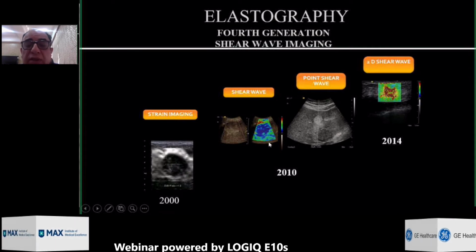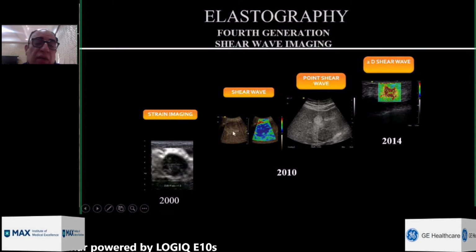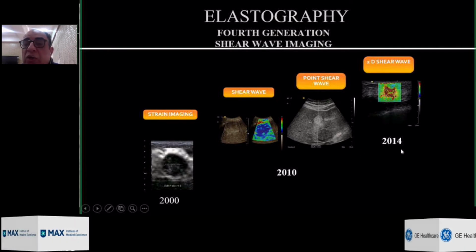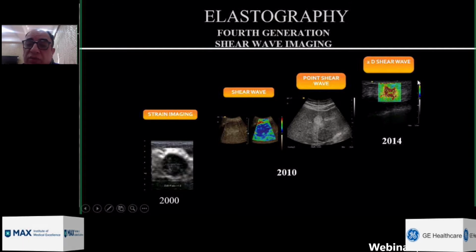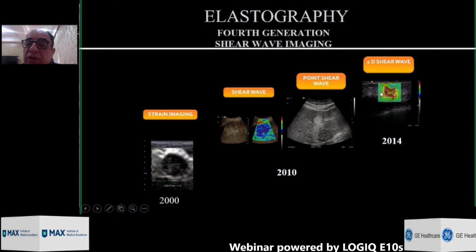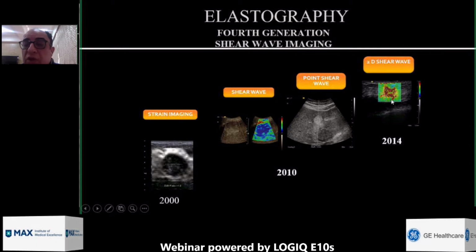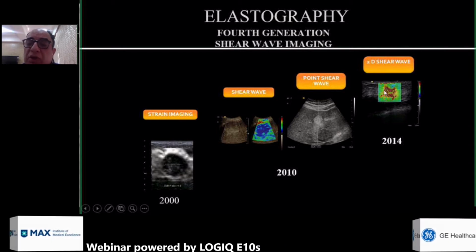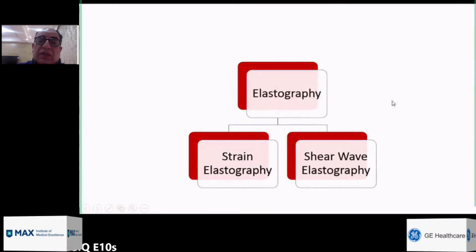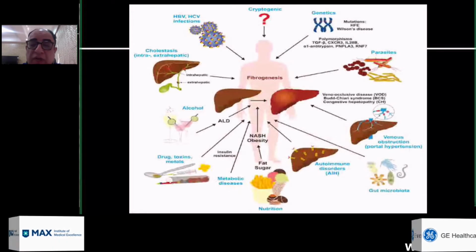Then in 2010 we started getting 2D shear wave and point shear wave. And finally, in 2014, we had 2D shear wave, which allowed us in a single shot to get information not only of the 2D picture with the shear wave, but also multiple measurements as the image kept updating. That's when we started getting interested in shear wave elastography.